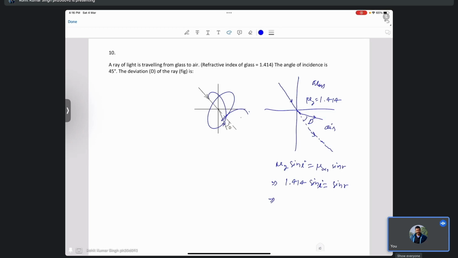So sine 45 degrees is just 1 by root 2. So 1.414 by root 2 equal to sine R. You can calculate R. It will be 30 degree.